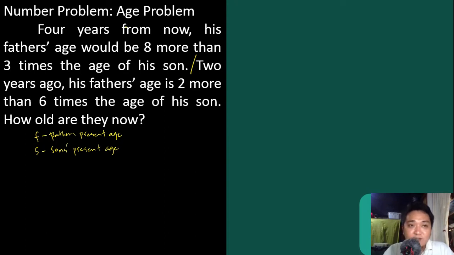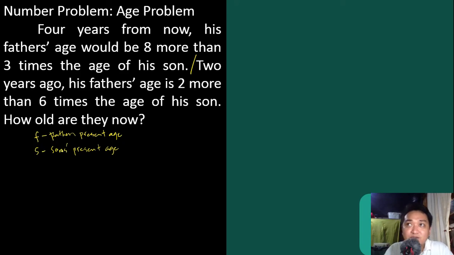Now, ang sabi dun sa problem is 4 years from now. Pagka sinabing 4 years from now, ang tinutukoy po dyan yung edad nila after 4 years or 4 years in the future. So, kung alimbawa 12 years old ka ngayon, and then 4 years from now, ilang kaya yung edad mo?